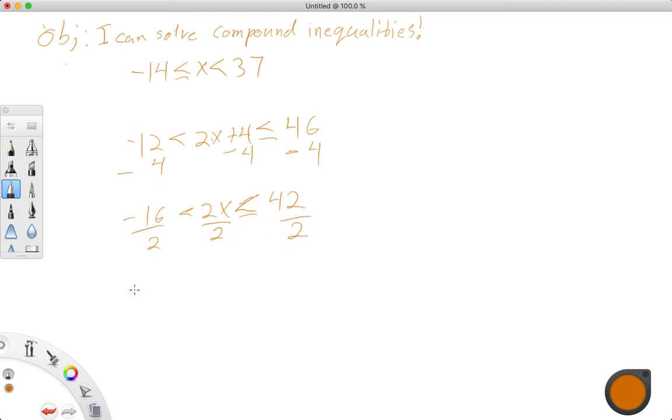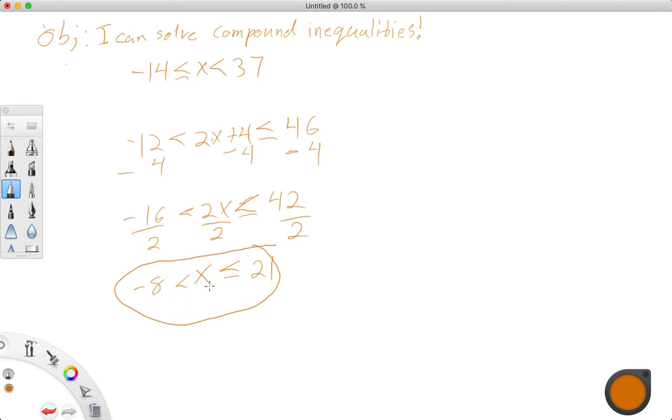Negative 16 divided by 2 is negative 8. 2x divided by 2, so keep our less than sign, is x. And 42 divided by 2 is 21. So negative 8 is less than x, is less than or equal to 21. And that is where we're going to end with that one.